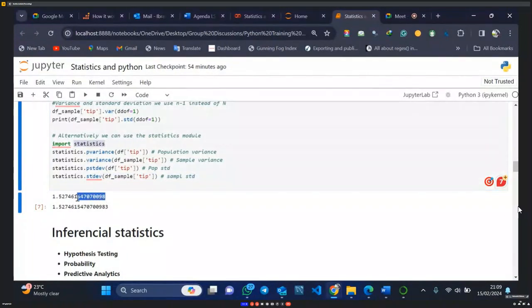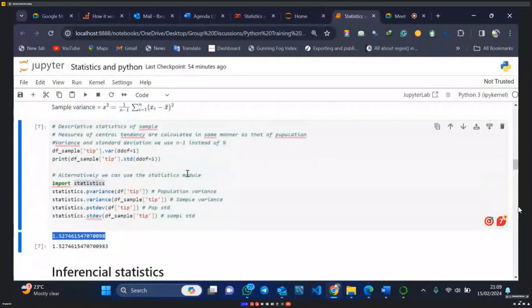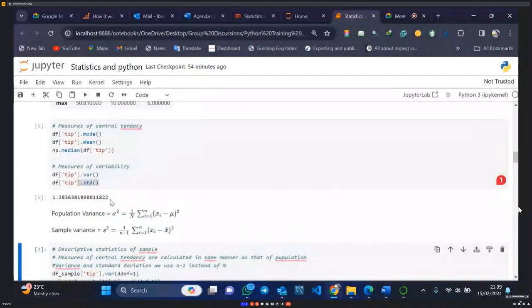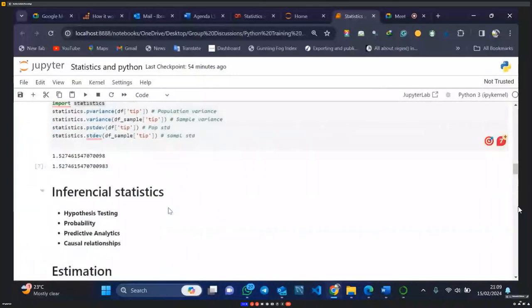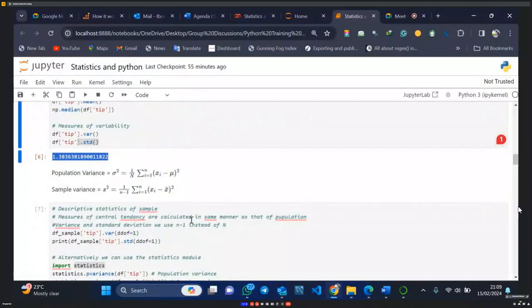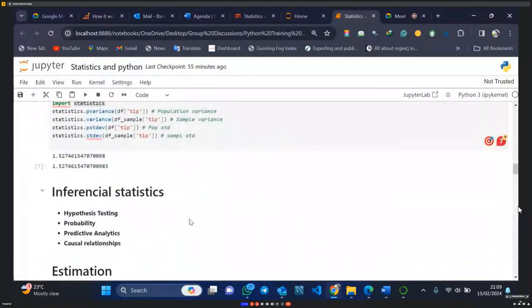So if you compare the sample standard deviation with the population standard deviation, we see that the sample standard deviation is a bit higher than the population standard deviation. Yeah.